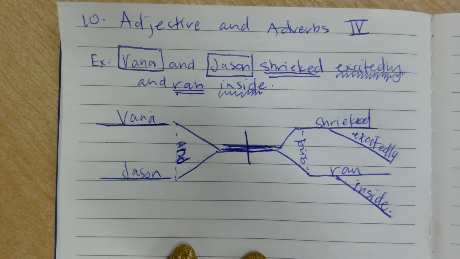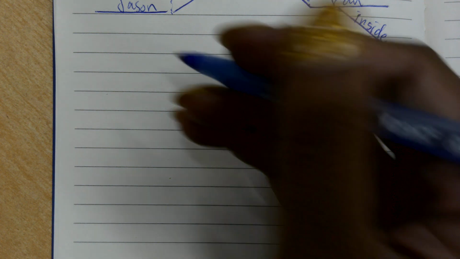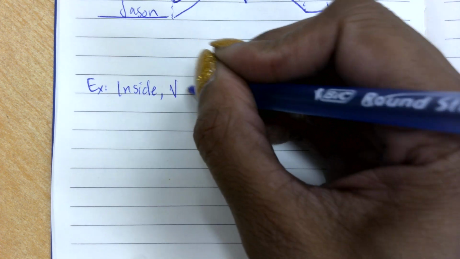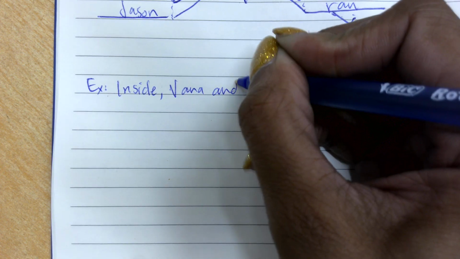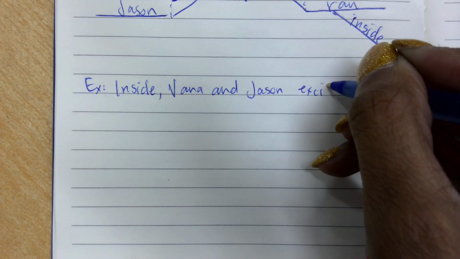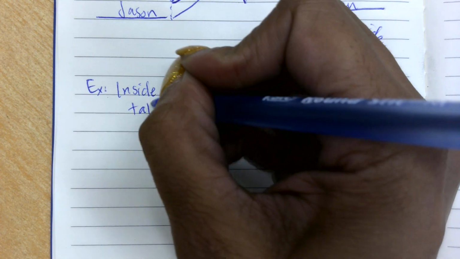Okay, now this seems simple enough, but let's try another example. Let's take the sentence, Inside Vana and Jason excitedly talked and laughed.